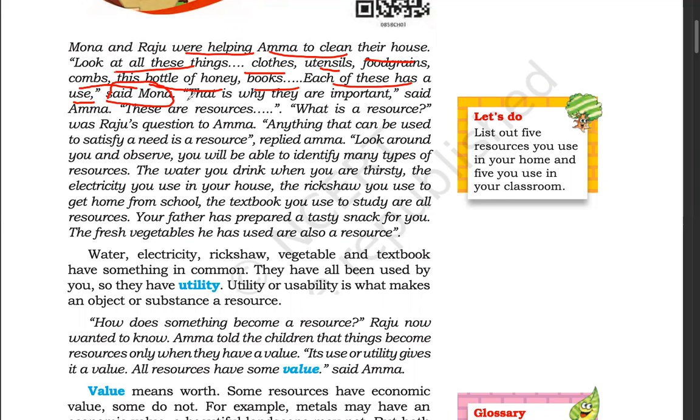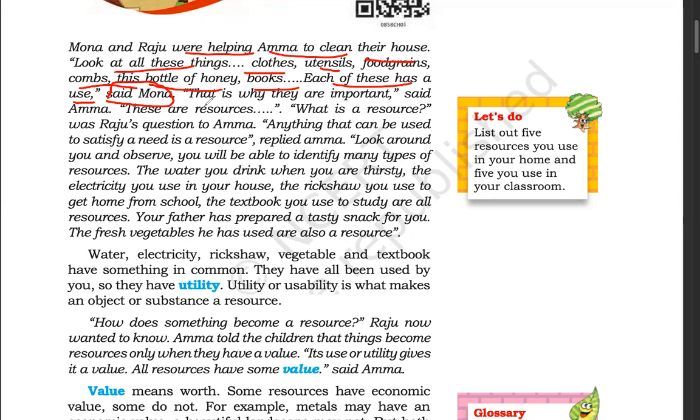If we say what is the use of cloth, the use of cloth is to protect us from heat, or in winters you can say from cold, right? You can say utensils basically help us keep food in them so that it does not get dirty, and so that the food does not get some insect or something.